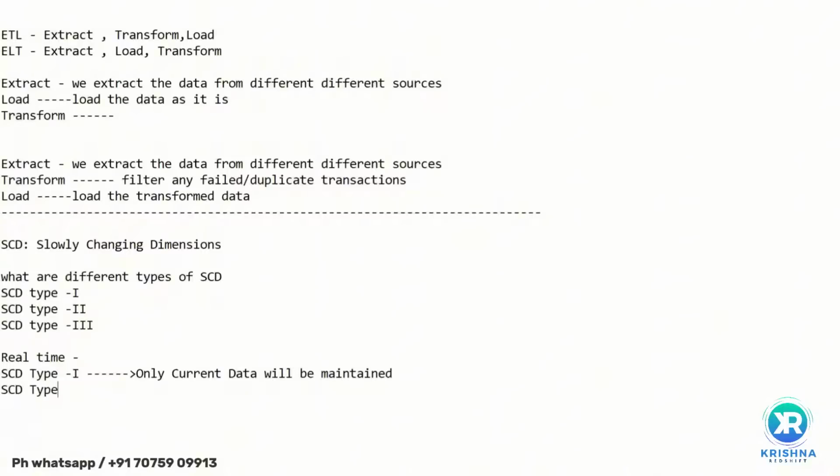SCD type 2 means... actually we should tell SCD type 3 first, then I will tell SCD type 2. In SCD type 3, current data plus partial history will be maintained.